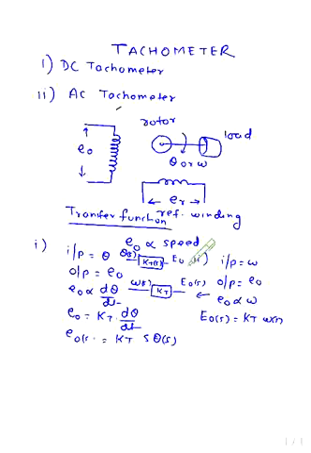So these are the two transfer function equations we can find. The first equation is like this and the other is like this. The transfer function of the tachometer, E0(s) by theta(s), we can write as Kt into s. So this is all about the tachometer. Thank you very much.